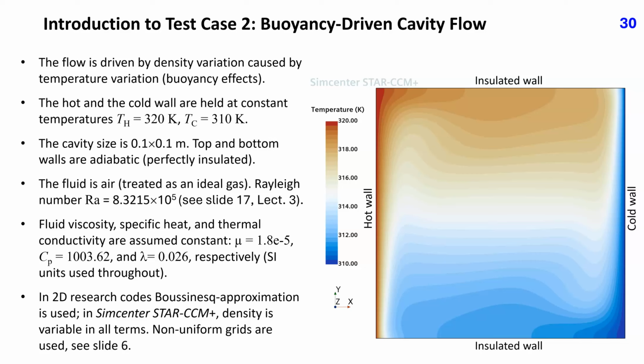The Rayleigh number for the given geometry, fluid properties, and boundary conditions is 8.3215 times 10 to the 5. See slide 17 of lecture 3 for the definition of Rayleigh number. In the 2D research code, the Boussinesq approximation is used. In Simcenter STAR-CCM+, density is variable in all terms. Non-uniform grids are used. See slide 6.